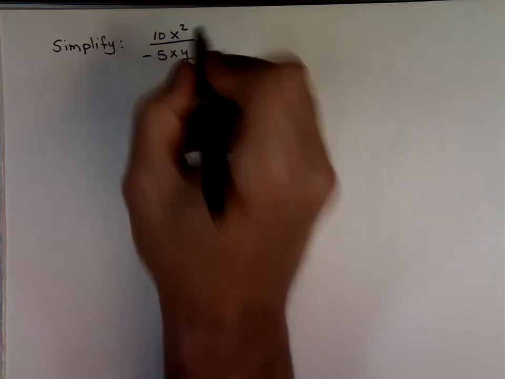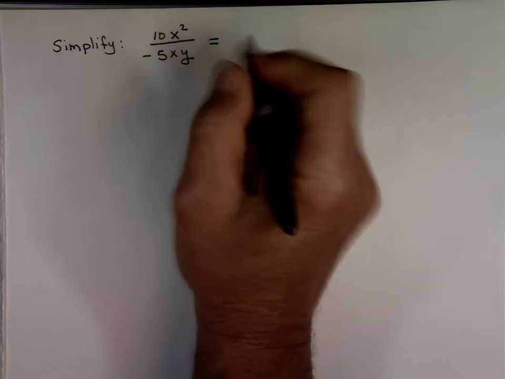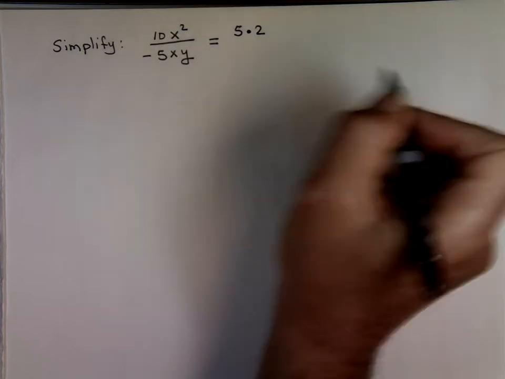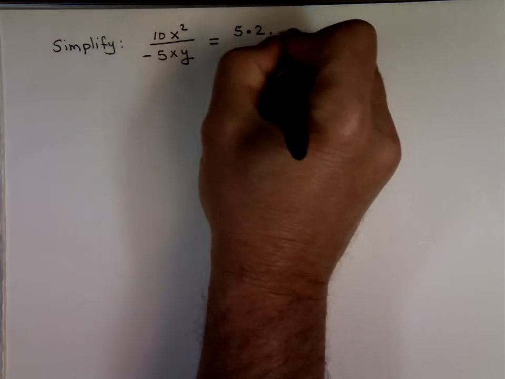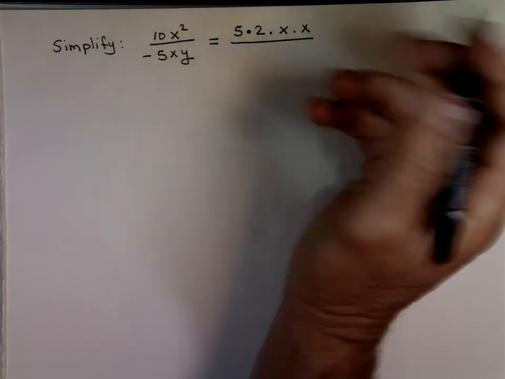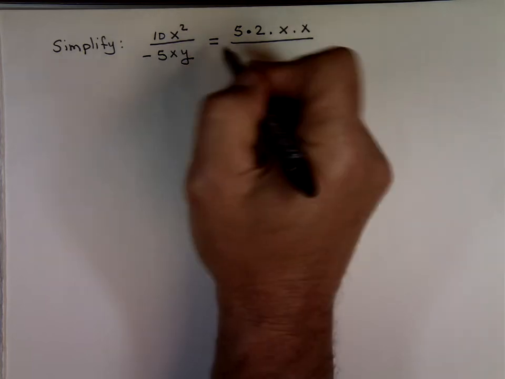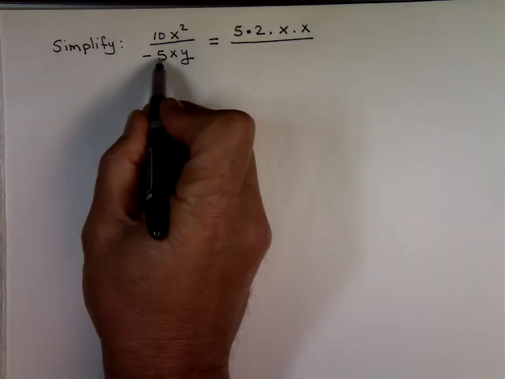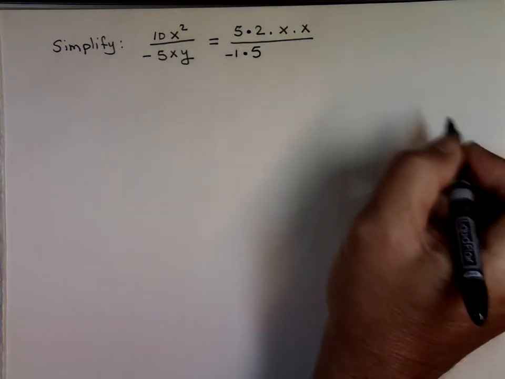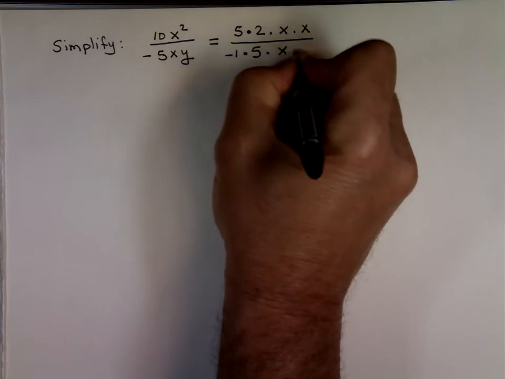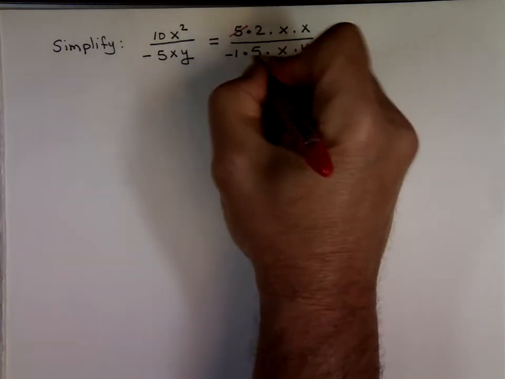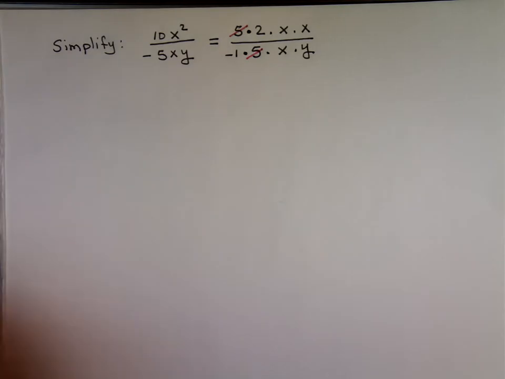Let's see. I can write the 10 as what? 5 times 2. That's a 10. And x squared is what? x times x. Why did I choose 5? Well, that's the only option, 5 times 2. But also my other reason, I was looking for this negative 5. What is negative 5? It's negative 1 times 5 times x times y. And as long as I have the same thing on the top and the bottom, I can cancel them out. The 5s will cancel. What else cancels? The x will cancel.